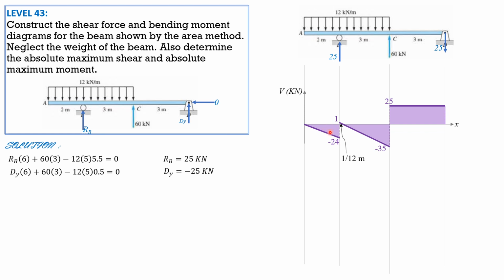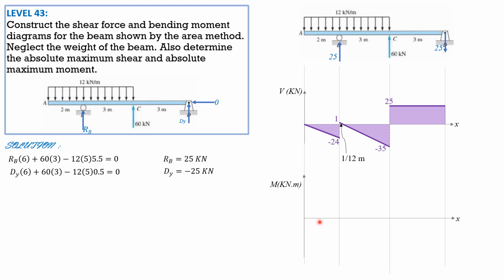We'll just calculate them as we compute for the moments. So moment at A is 0, then plus this area, which is negative 1/2 of 2 times negative 24, which is negative 24.